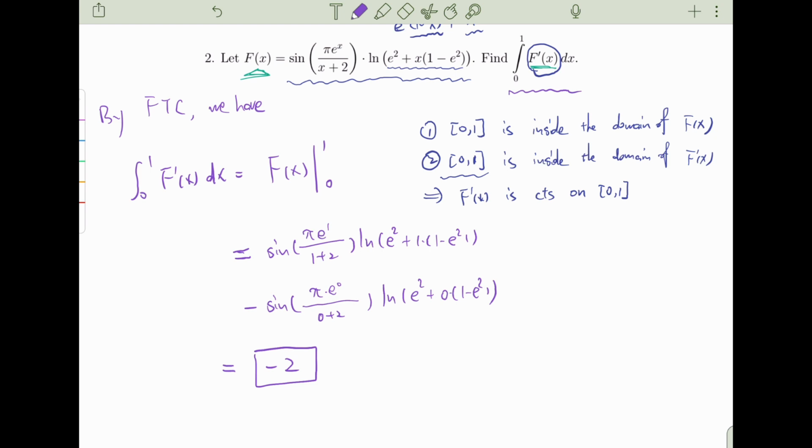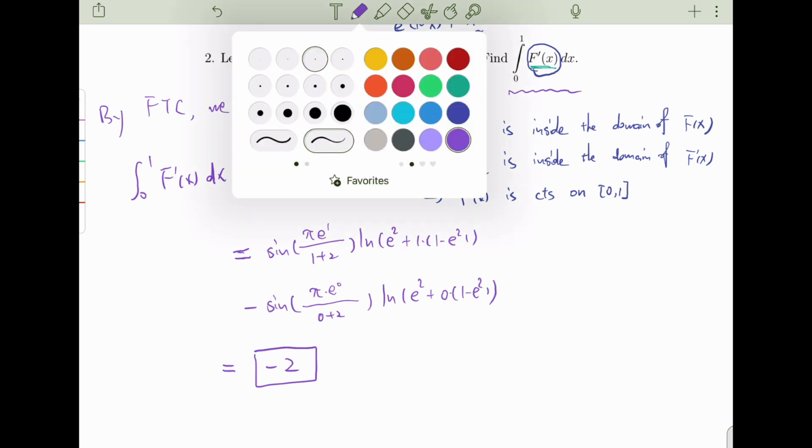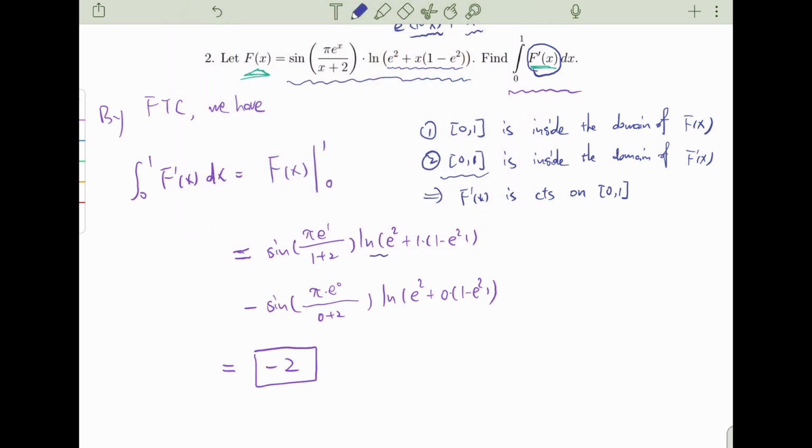That is because, in this expression here, you cancel out the e squared, and this term is actually ln 1, right? ln 1 is equal to 0, right? So the first term can be ignored, and for the second term here, that is sine of pi times e to the 0. Sine pi is also 0.